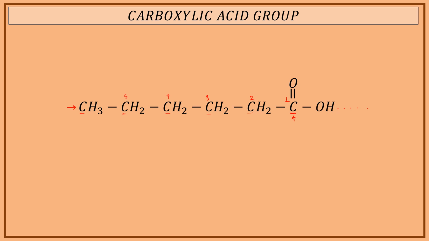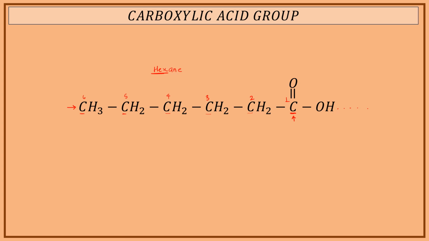So we will mark this carbon atom as 1 and we will number all the remaining carbon atoms like this. Okay, now we have 6 carbon atoms in the parent chain of this molecule, so we will use the respective root word hex to represent 6 carbon atoms. Then, as per the bonding between the carbon atoms, we will use the root word to represent that bonding. Here all the bonds are single bonds, so we will use the word ane, A-N-E, to complete it.